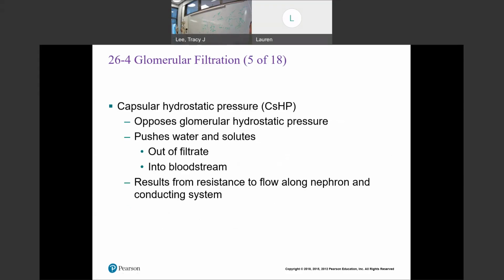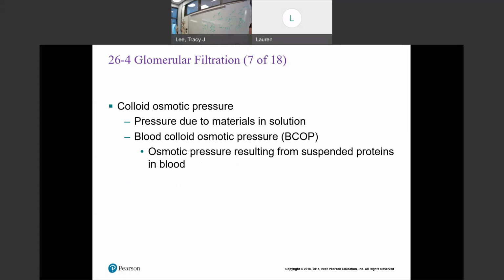We talked about the hydrostatic pressure in the capsules. I'm not going to ask you a ton of questions about that, if any. I just want you to understand the glomerulus filters by hydrostatic pressure, and we have some back pressure just from the fluid. That would be basically our capsular hydrostatic pressure. It's waiting its turn to get into the tubule.